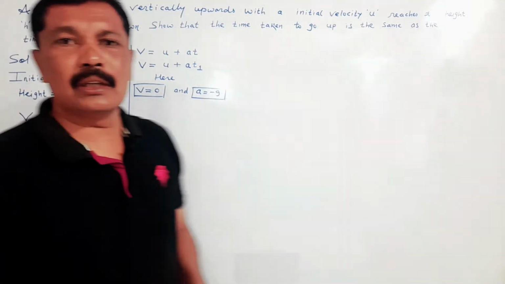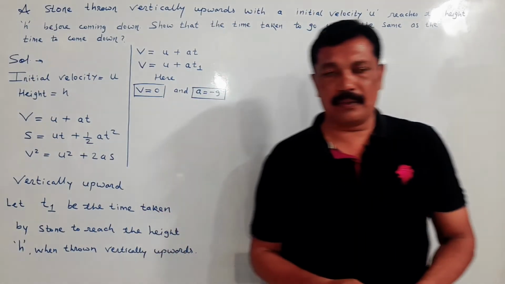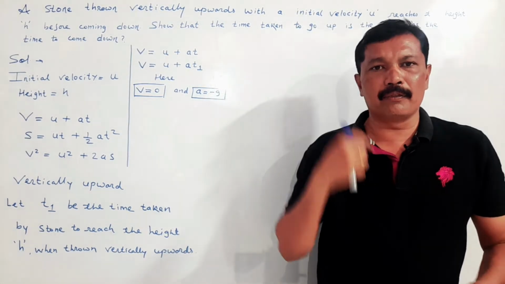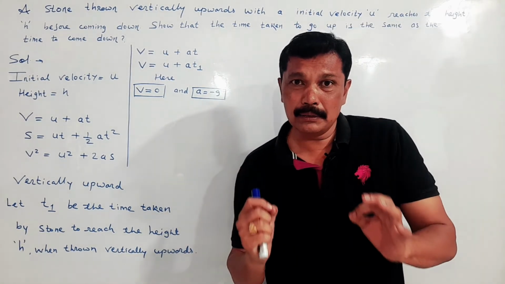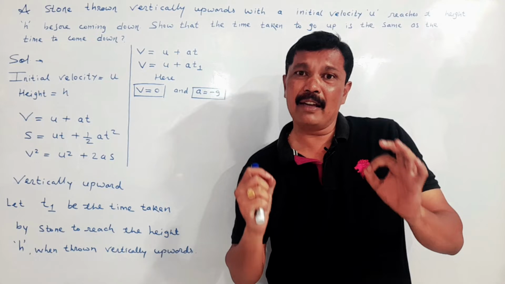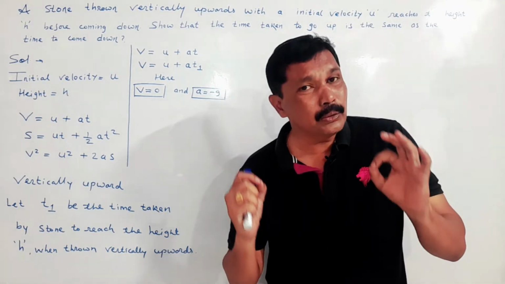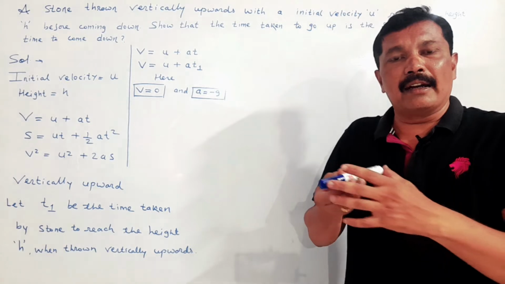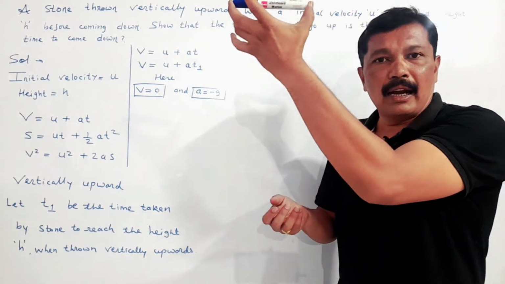Now my dear student, try to understand the situation. What happens when a stone is thrown vertically upward? The stone will have an initial velocity, and due to this initial velocity the stone will move vertically upward and attain a certain height.